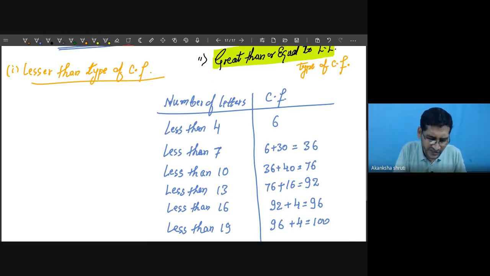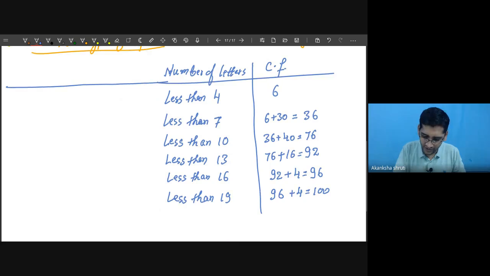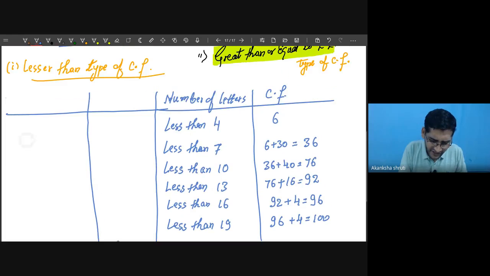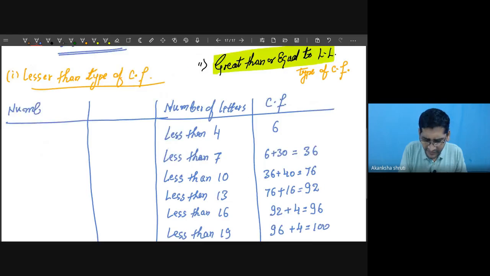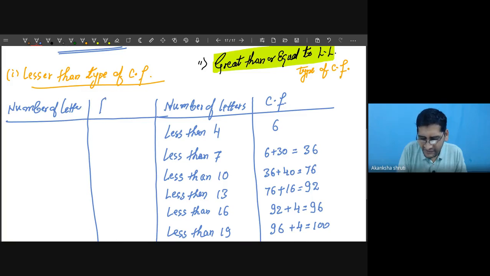In addition to this, we shall first copy the given data also. Number of letters, and this time we are interested in writing their frequency.